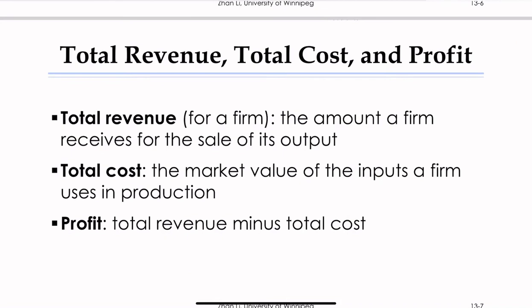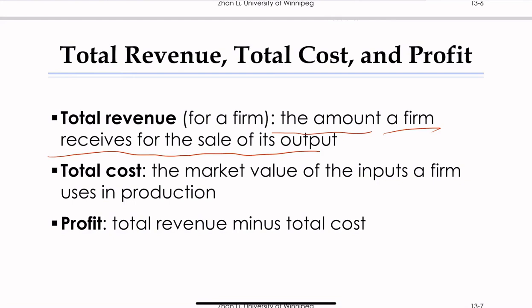We have learned about total revenue, right? Basically, total revenue is price times quantity, or, following the lecture note, the amount a firm receives for the sale of its output. Total cost is the market value of the inputs a firm uses in its production.